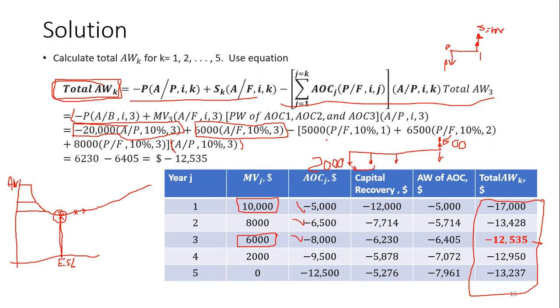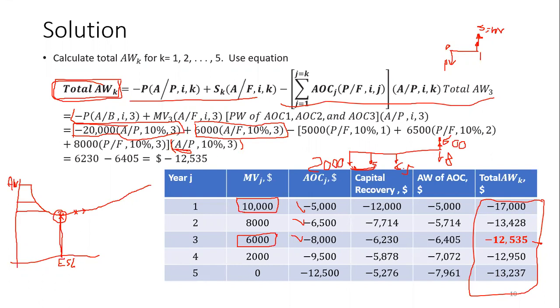Okay, what I'm doing now is transferring every point in this cash flow to 0 to make it P, like 5,000, P given F, 10%, and 1 year. This 5,000. And this is 6,500, same as 6,500. And this is 8,000. Okay, I first bring them to P and transfer every single point or their sum to A given P, 10%, and 3.